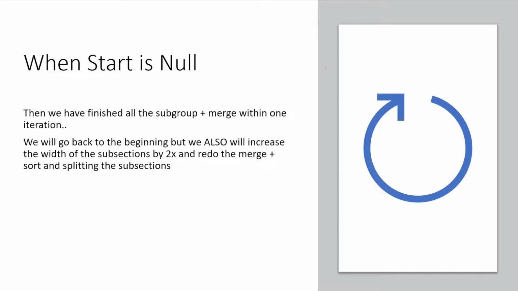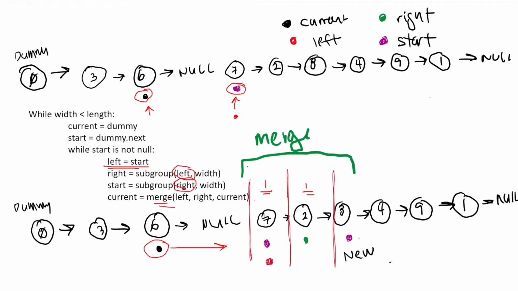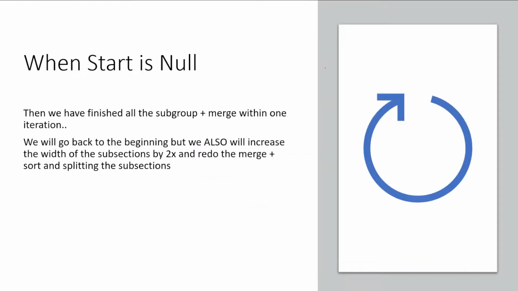That's why we had those variables. I think it was current equals dummy, start equals dummy next. So that's going to reset and restart the loop to the very beginning of the list. But we also will increase the width of those subsections by 2 times, or that power of 2. And we will redo the merge and sort and splitting of the subsections.